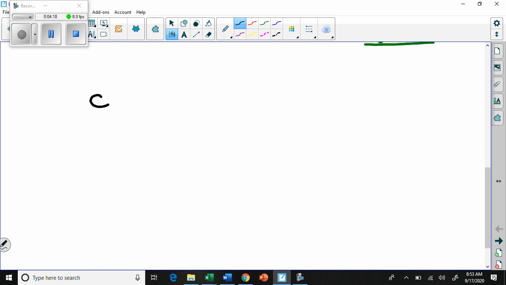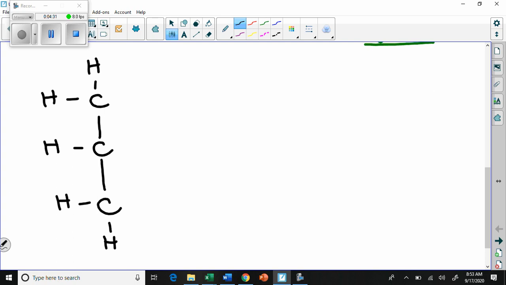So I'll draw the molecule again. This time I'm going to draw it a little bit bigger so we have some space. Okay, so here's my glycerol molecule. And you'll notice that it had 3 functional groups, three hydroxyl groups, which form reactive sites, right?